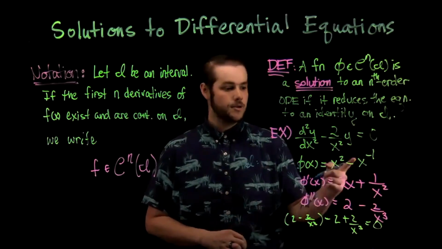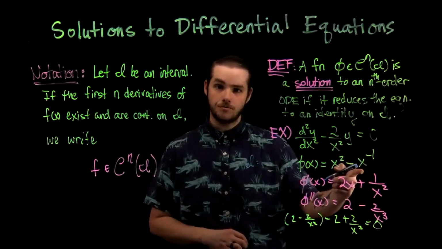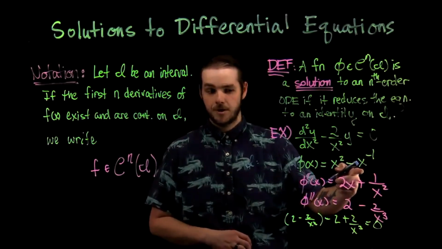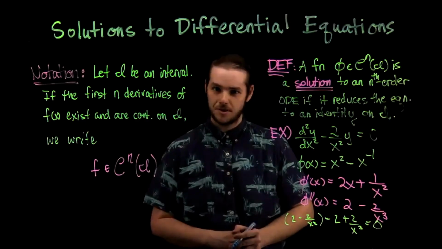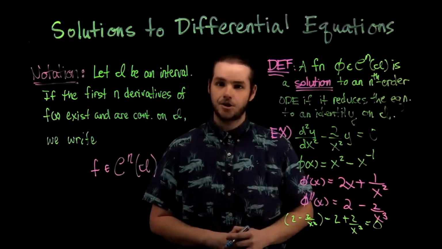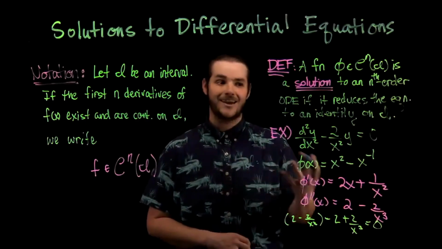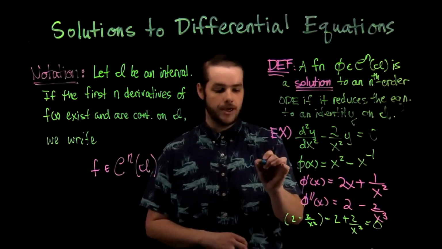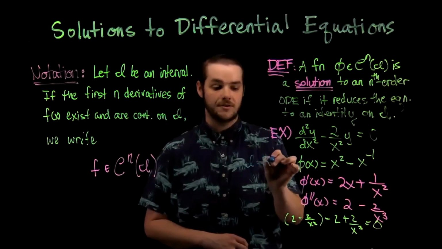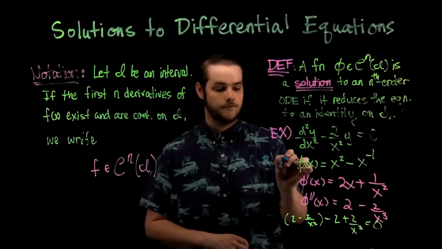Why not 0? Because my solution will become undefined at 0. So it wouldn't make sense to say that this thing that doesn't exist is a solution to the equation there. So I could write a lot of things as an interval I. But for simplicity, why don't I just write all real numbers except for 0?